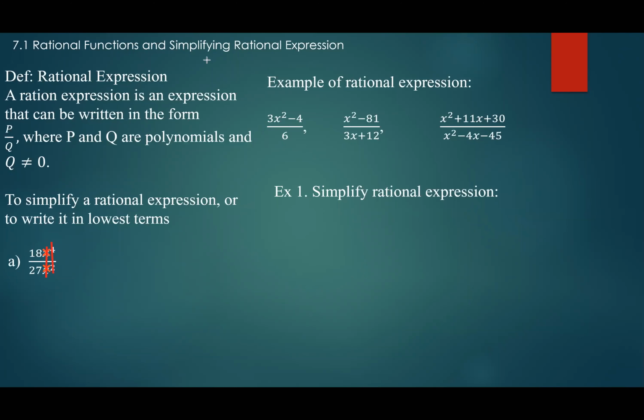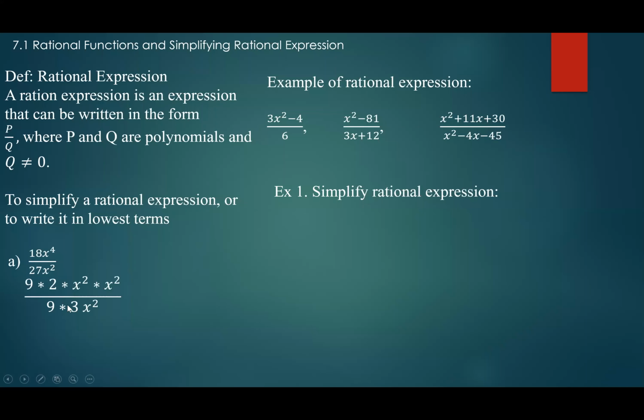So in this case, ladies and gentlemen, we have a rational expression, and like I mentioned, it's rational expression because we have an x. All they ask you to do is, can you break the numerator down in terms of multiplication? Do you agree that 18 is the same as 9 times 2?